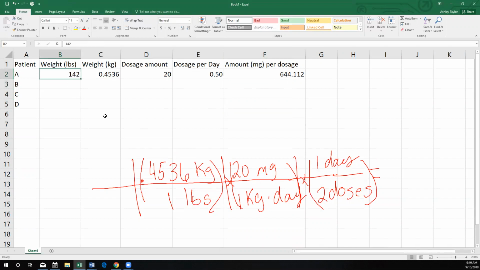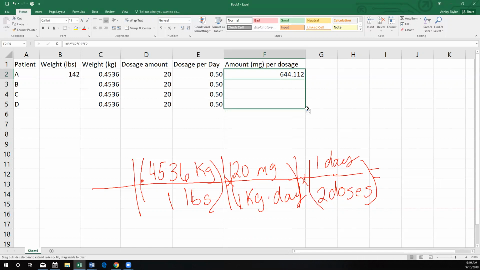Now, what do I do if I want all of my patients to do the same calculation here? I'm just going to pull down these numbers in Excel. So I'm going to put my little cross thing on the bottom right-hand corner and pull that down. Now I do the same thing for my amount per dosage.